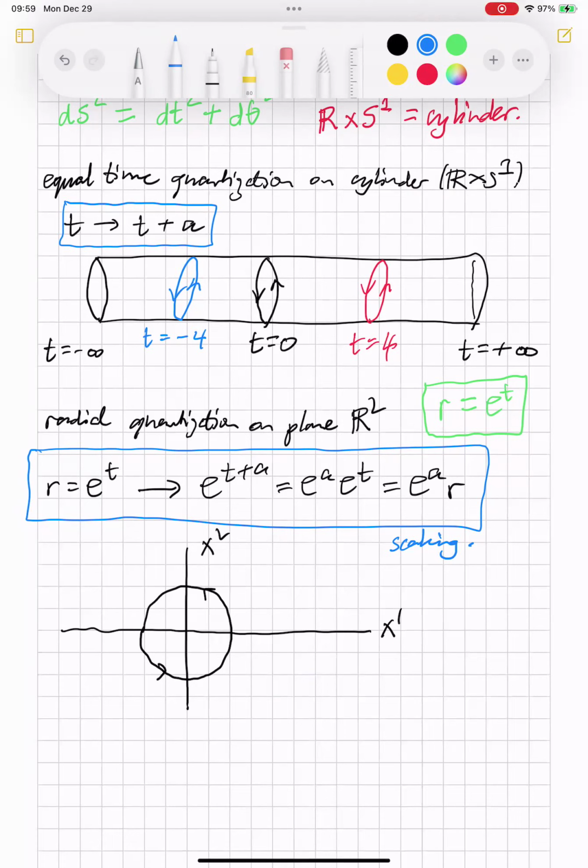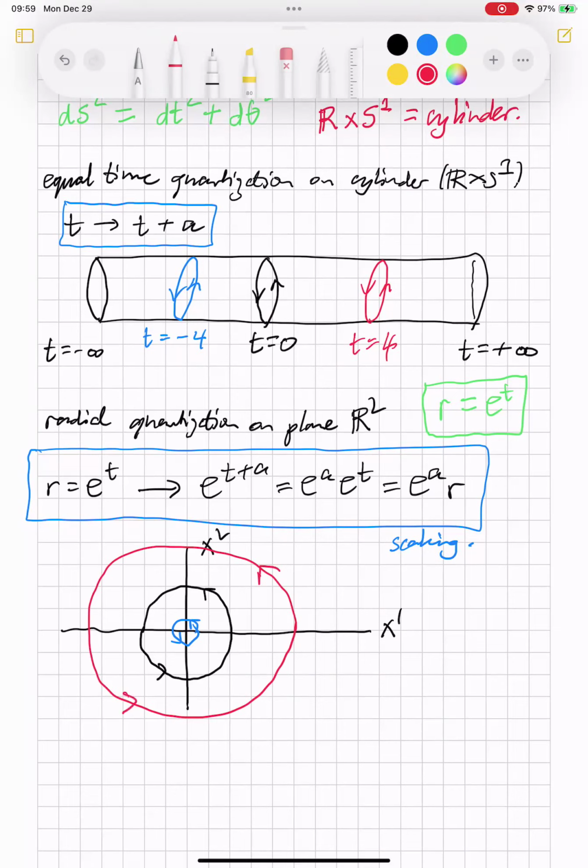You know, e is something like 3, so e to the minus 4 is something like 1 over e to the 4, which is about 81 in the denominator. So this would be a very small circle on the plane. And if we look at that red circle, which is t is equal to 4, that would map into a very large circle, something like 81. So the red circle on the cylinder would map into this red circle on the plane.